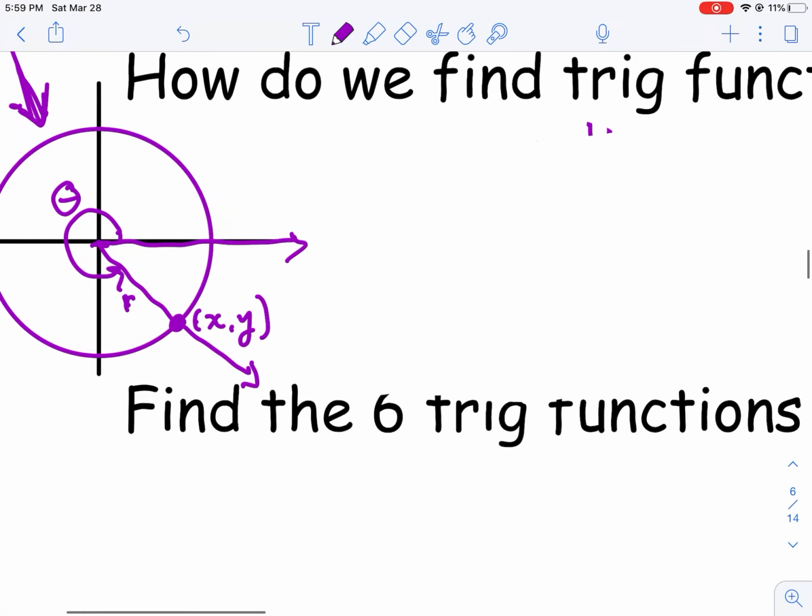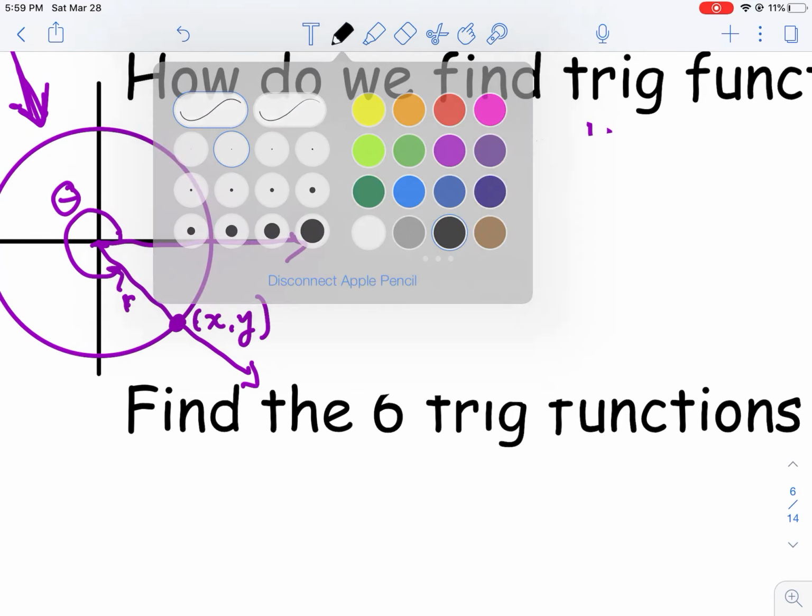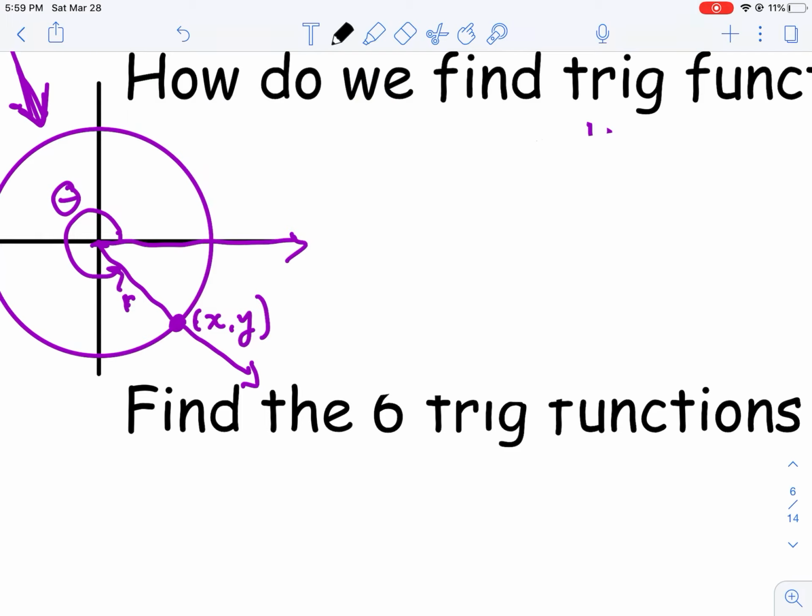But if we look at this circle, we see it has a radius. This radius is from here to here. And then this point has an x and y value. X is going to be the distance here, and y is going to be the distance here.